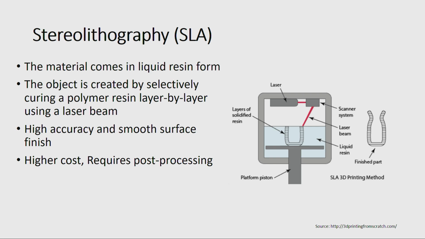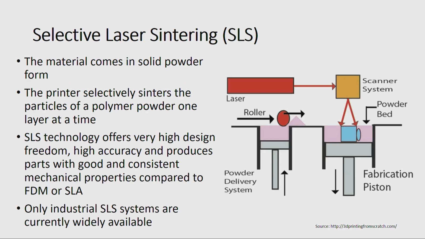In FDM 3D printing, if we are not using some support material, we can almost print a finalized part, and most probably you will not require any post processing, but in SLA stereolithography you will require a post processing stage.